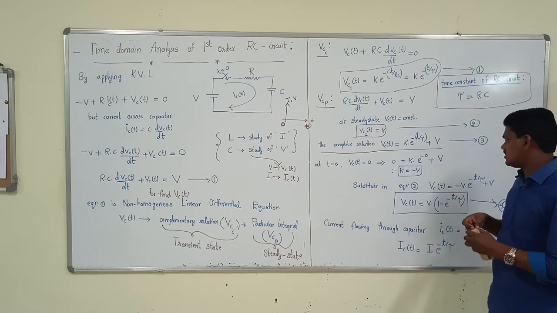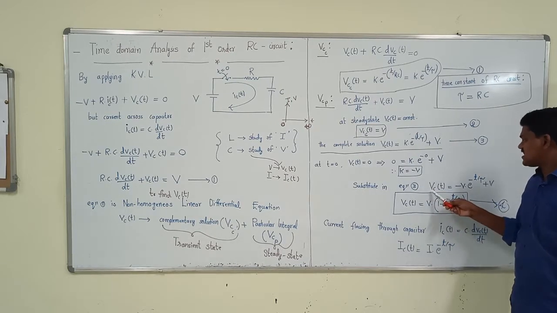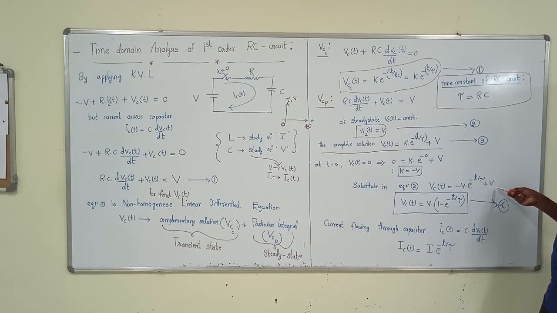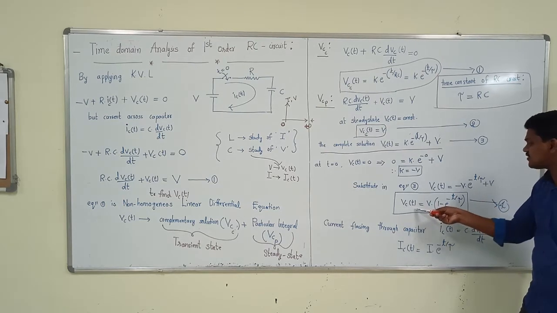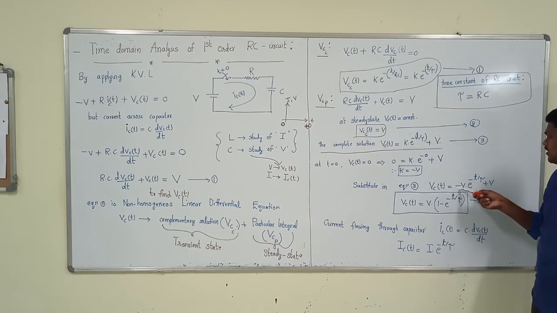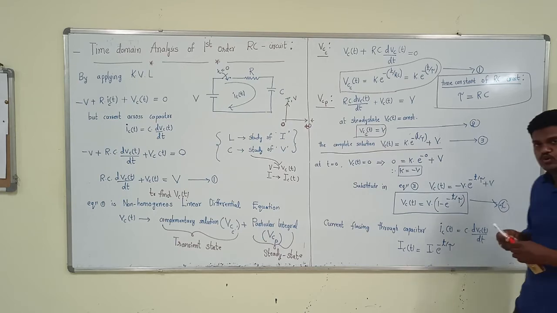The final solution becomes Vc of t equal to, in place of k, minus V e power minus t by tau plus V. Taking V common, we get Vc of t equal to V into 1 minus e power minus t by tau. So this is the complete solution.